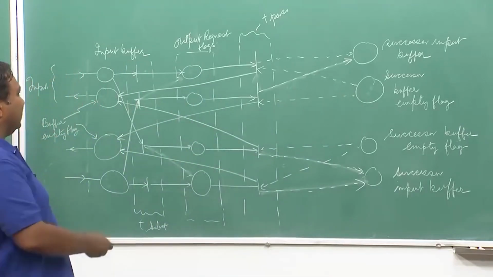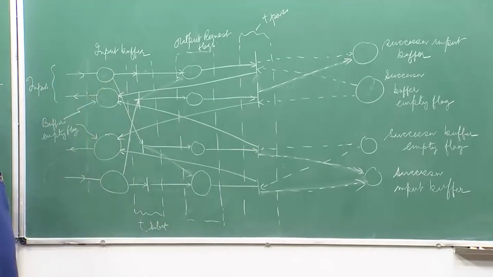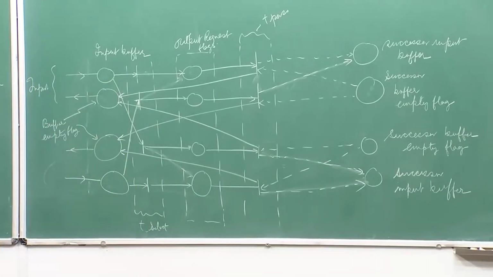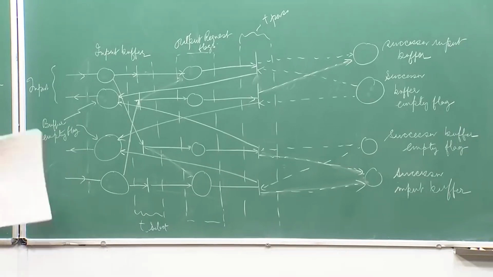Unless a buffer is empty, you cannot move a packet from the previous stage to the current stage. As the packets are delivered at the output port side, there is a reverse flow of these empty flags, and more packets from the input side can be pushed into the system.